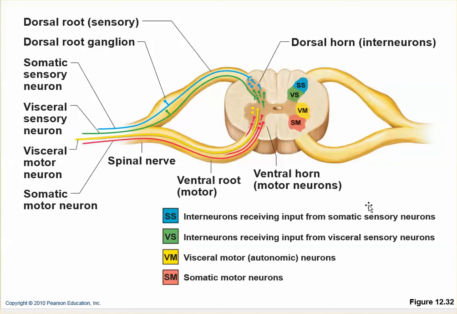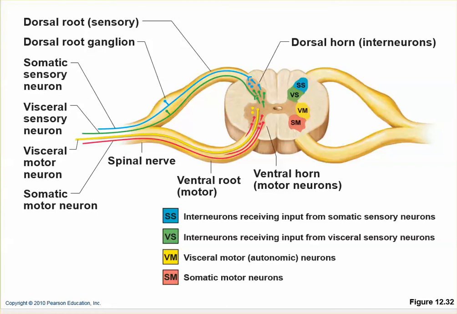So it's a very simple architecture, actually, and it makes sense that the interneurons start where the sensories come in, because they take information from the sensories. The motor neurons are found where they're going to exit on the ventral side.